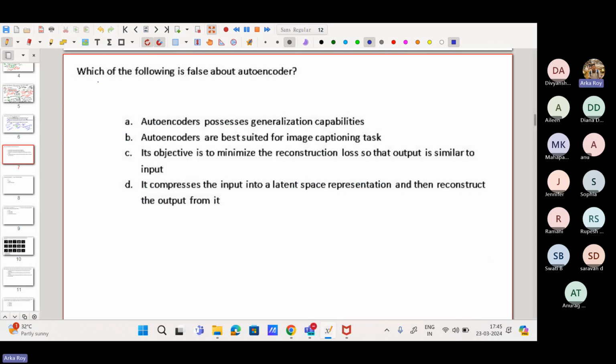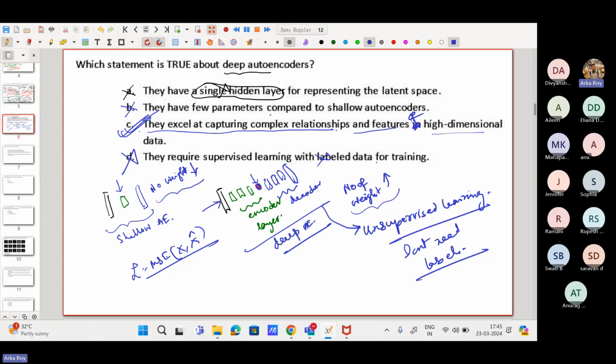So the next question is, which of the following is false about autoencoders? Option A: autoencoders possess generalization capabilities. This one is true, because in the last slide, in option C, we saw that they excel at capturing complex representations of the high dimensional input data.